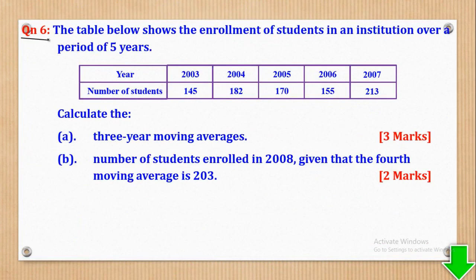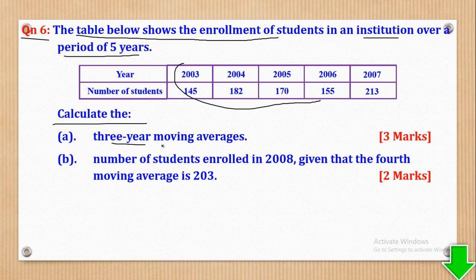Now we shall go to question 6, which says that the table below shows the enrollment of students in an institution over a period of 5 years. So these are the enrollments. Calculate the 3-year moving averages, and part B, the number of students enrolled in 2008, given that the 4th moving average is 203.